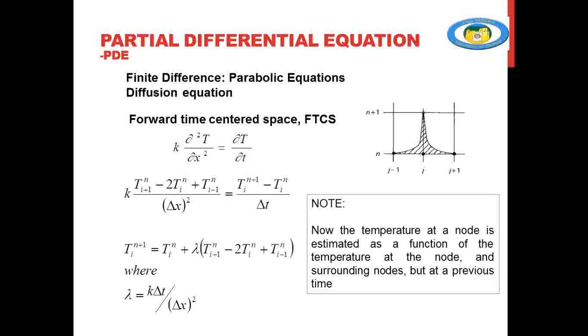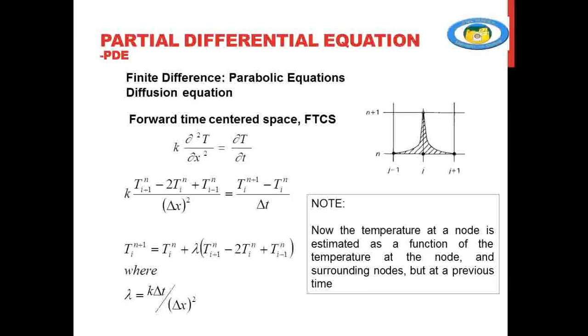So you can see, if you just rearrange terms, representing by lambda the diffusion coefficient k times delta t over delta x squared. Lambda here is the diffusion Courant number.